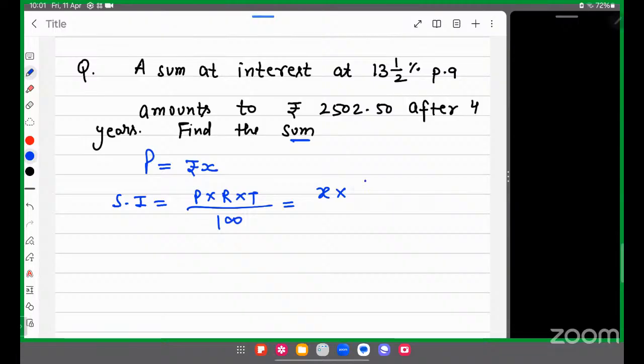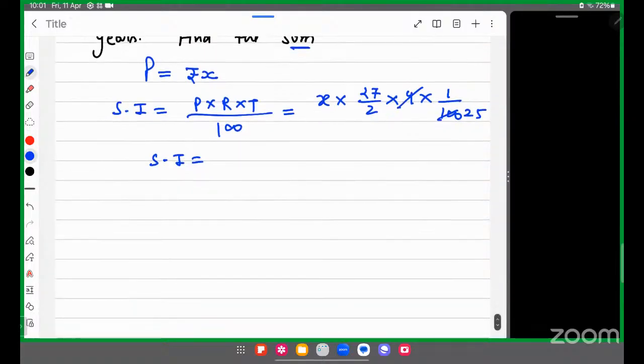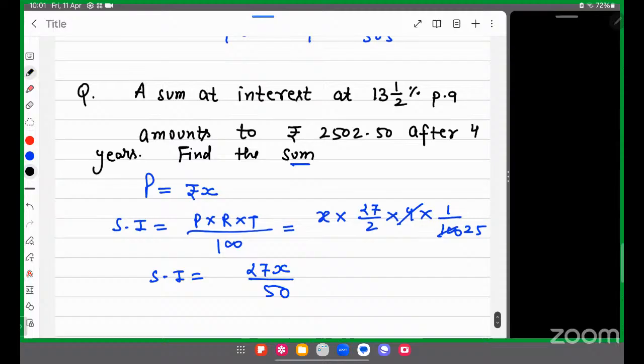This will be 27 by 2 into time period is 4 years and divided by 100. So if you solve it, simple interest will be 27x by 50. Am I right? Yes.